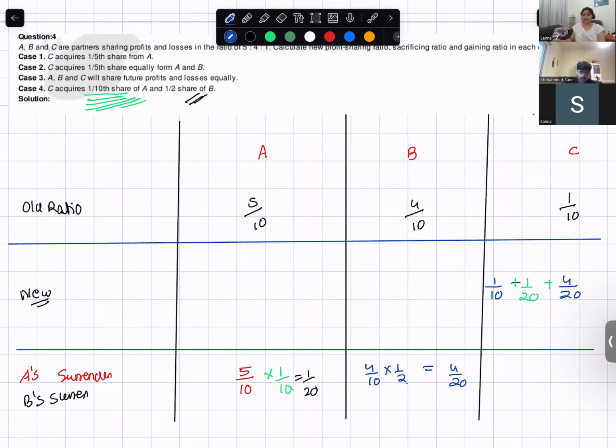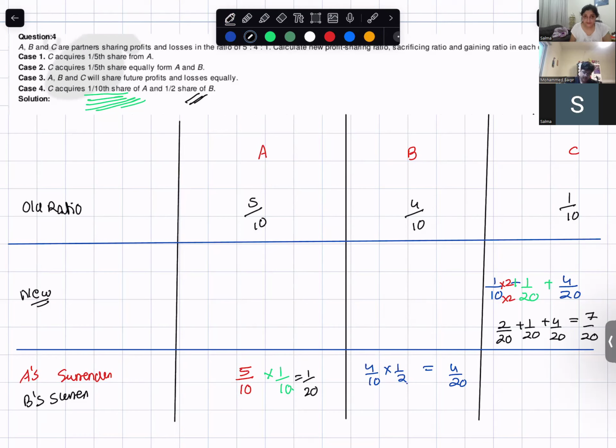So C is going to get 4/20 from B. I need to make the base same if I want to add. So this will become 2/20 plus 1/20 plus 4/20. So C's share is 7/20.